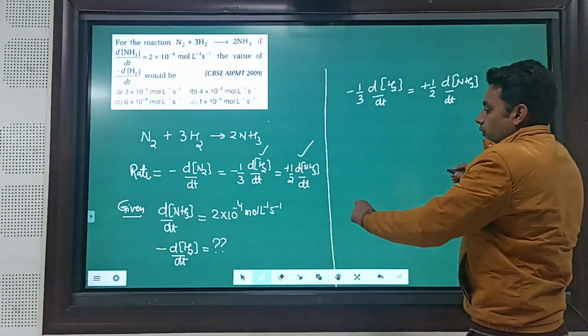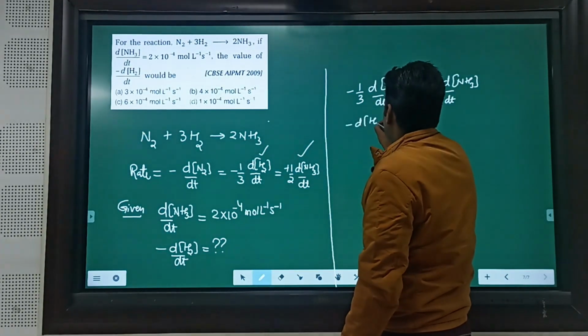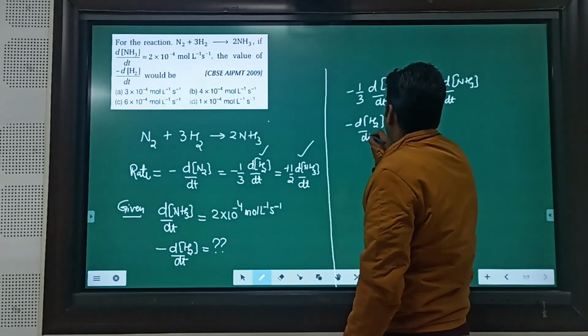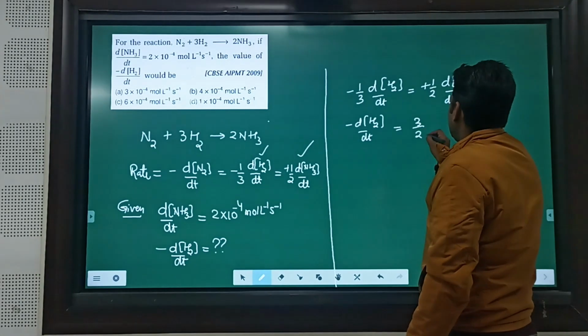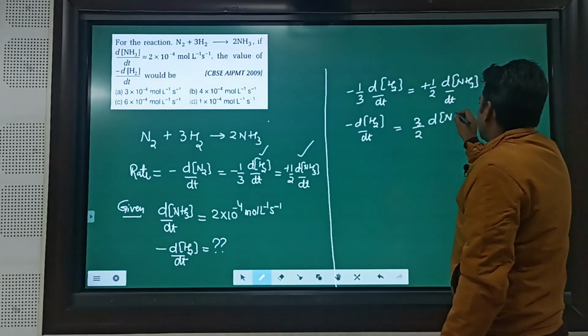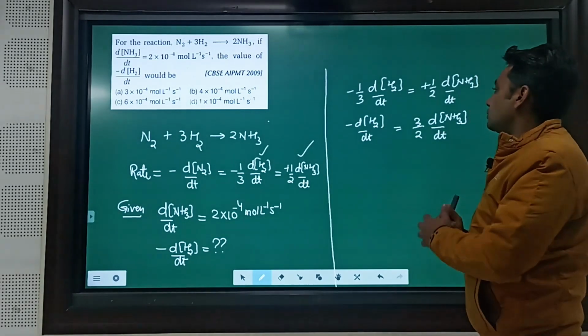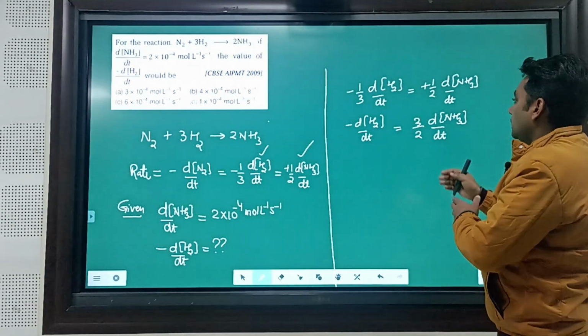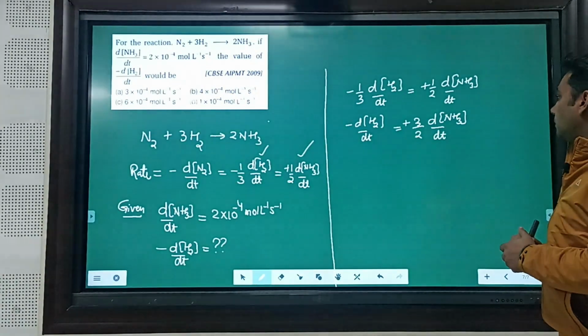So according to the required parameter, we have to just rearrange the equation. So dH2 by dt is equal to simply 3 by 2 d ammonia by dt. So it means the rate of disappearance of hydrogen is equal to 3 by 2 times the rate of formation of the ammonia molecule.